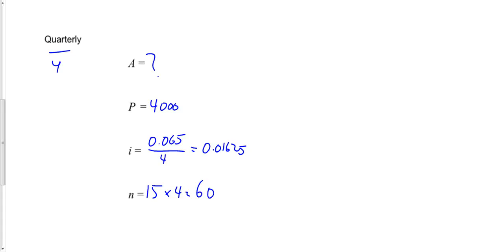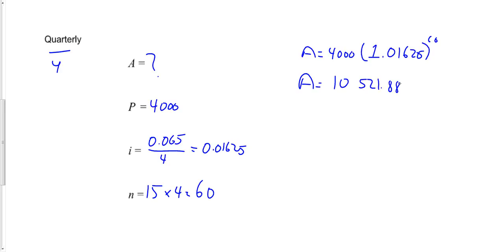So now our equation changes slightly. Let's start plugging things in. A is equal to 4,000 times 1.01625 to the exponent 60. That's 1.01625 to the exponent 60 times 4,000, which gives us a final value of $10,521.88.